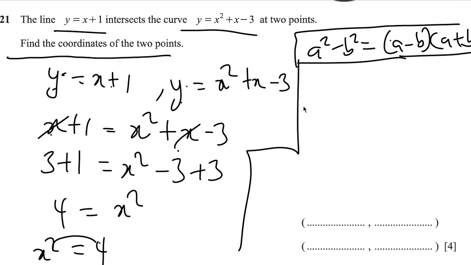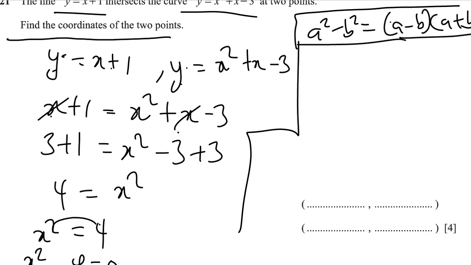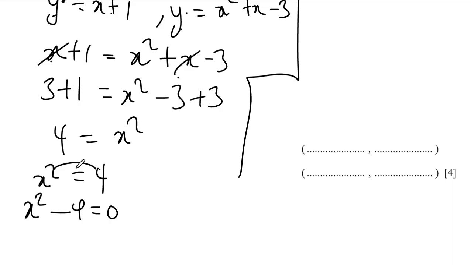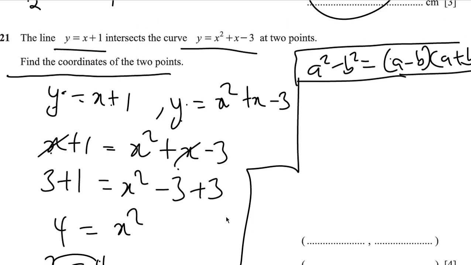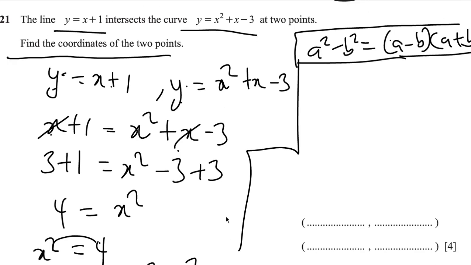So for x squared negative 4, we have x squared negative 2 squared equal to 0. That's the same as x negative 2 into x plus 2 equal to 0, in accordance with a squared negative b squared equals a negative b into a plus b.